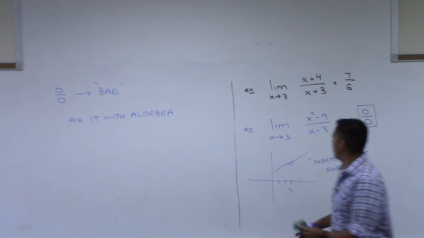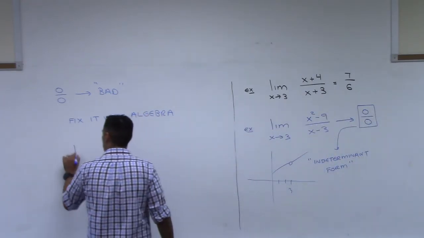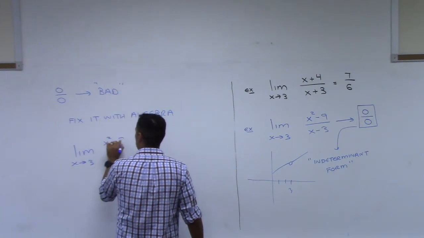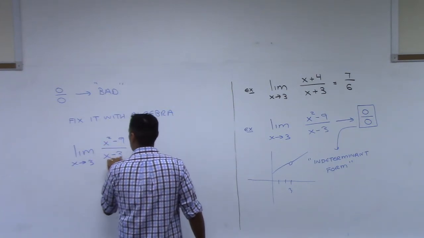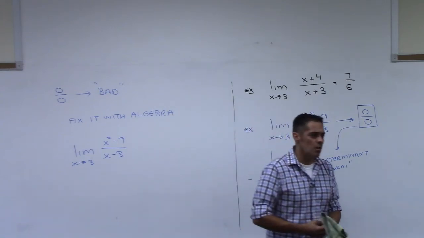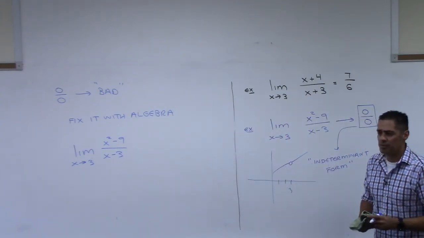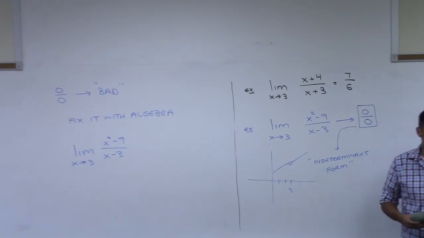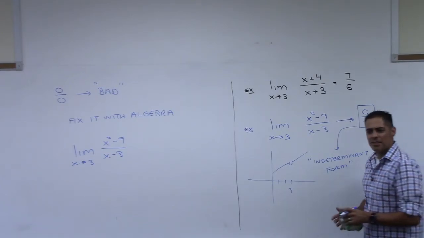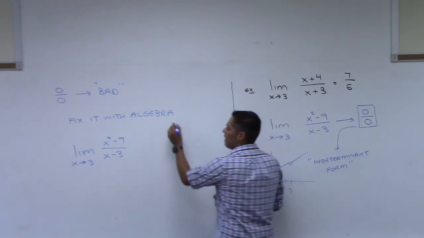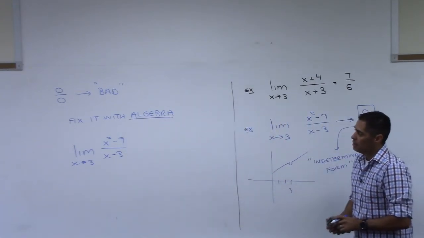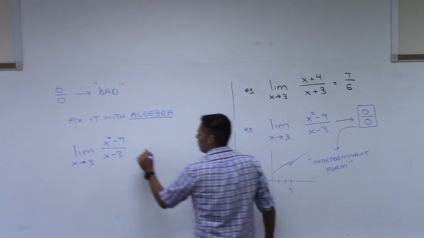So let's go back to the original problem. Let's put it up here. Limit as x approaches 3 of x squared minus 9 over x minus 3. I hope that some of you may have noticed that the numerator is something very special. You'll recognize the numerator from all your factoring techniques. When I say algebra here, most of the time that means factoring. So what is that numerator?